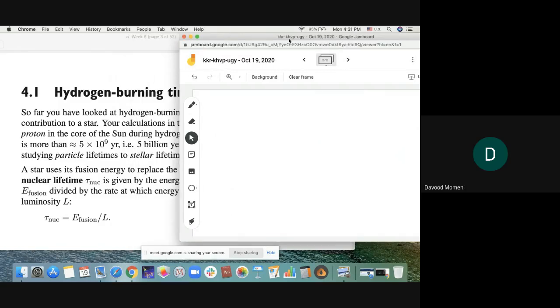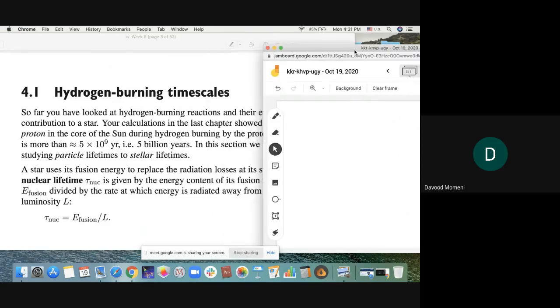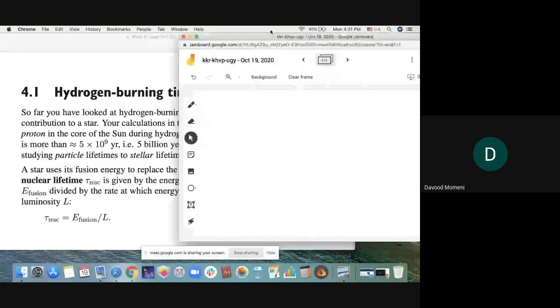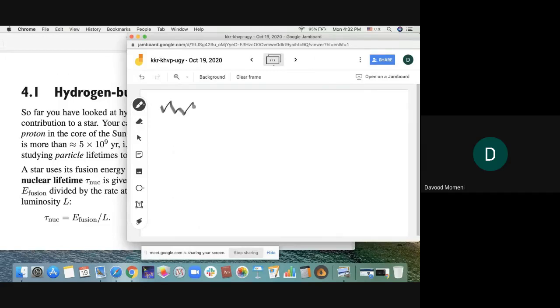A star does fusion reactions to pay back the energy which it lost during the radiations. So radiations send the energy in terms of quanta of energy.